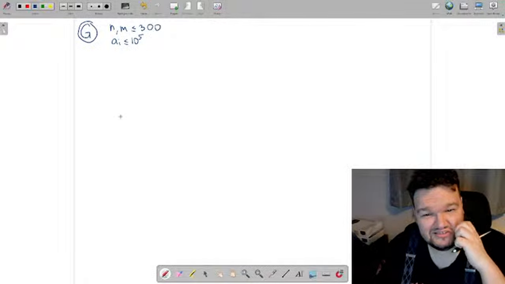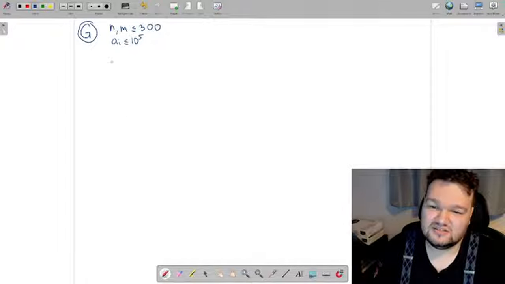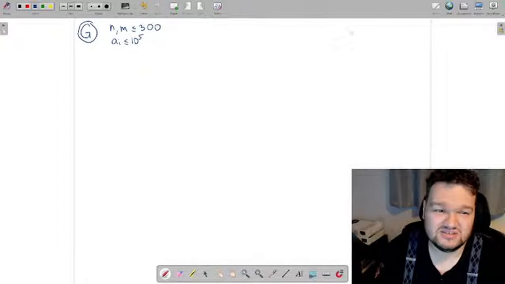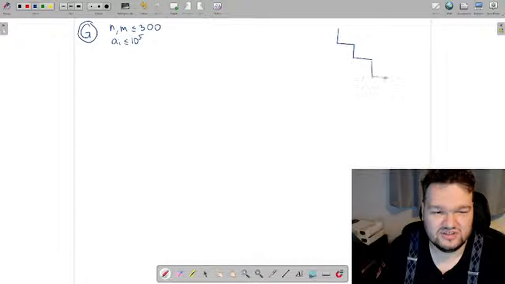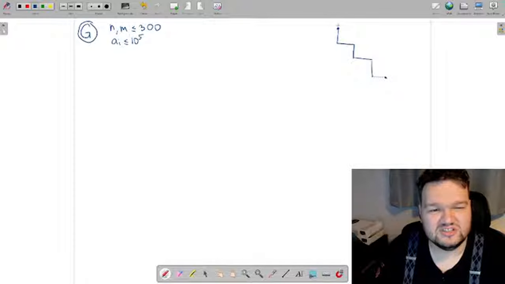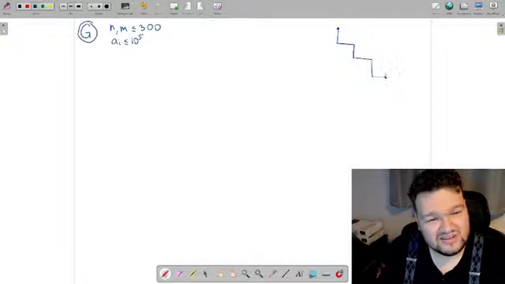We're considering all the paths that go only left or down. We will sum up over all such paths the following thing.